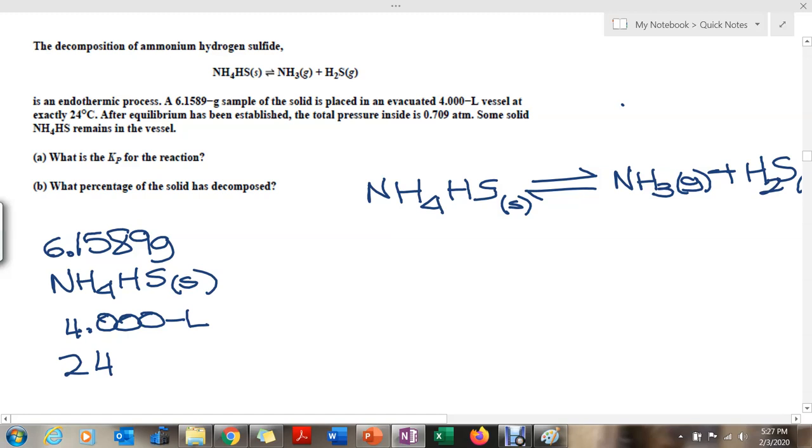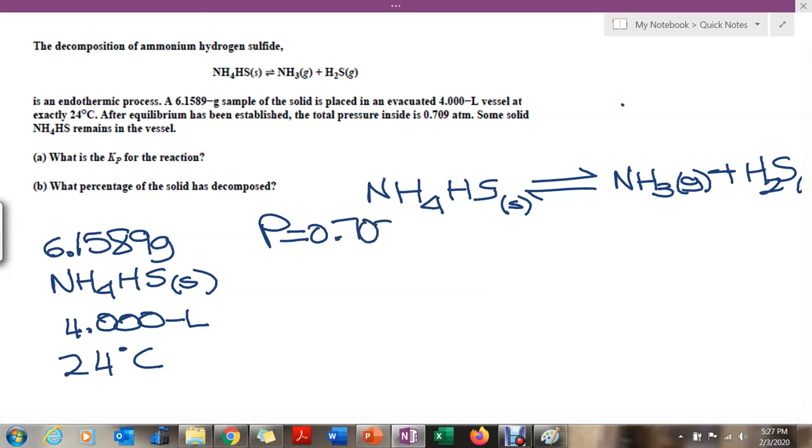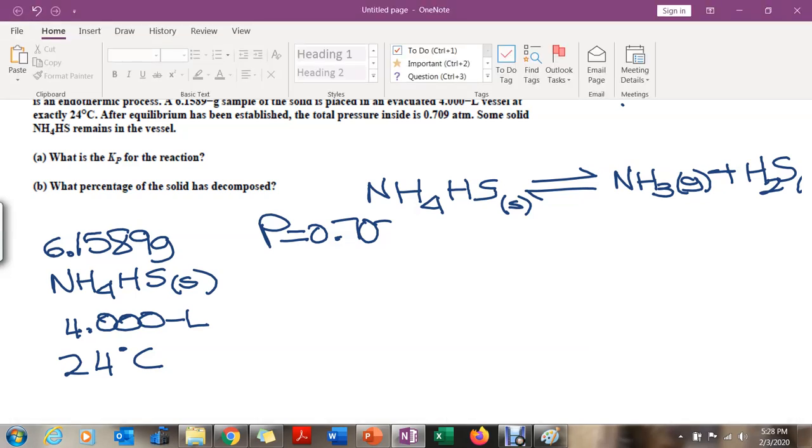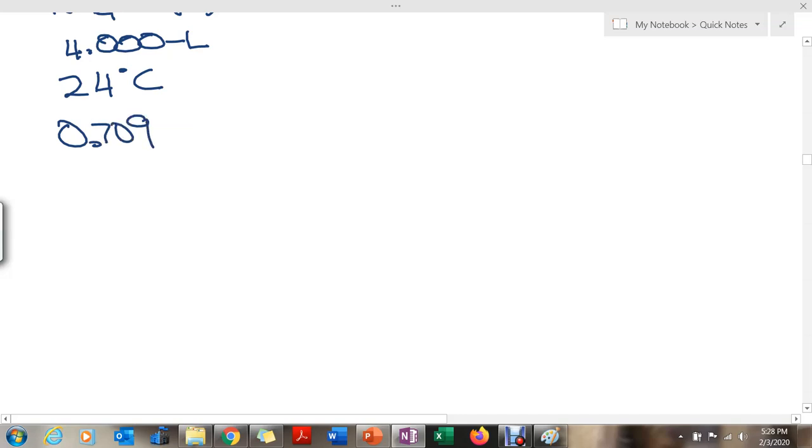After the equilibrium has been established, the total pressure inside is 0.709 atmosphere. That is the total pressure inside.